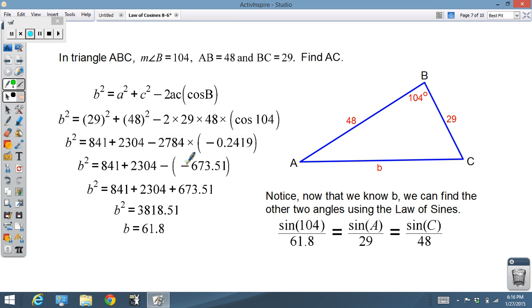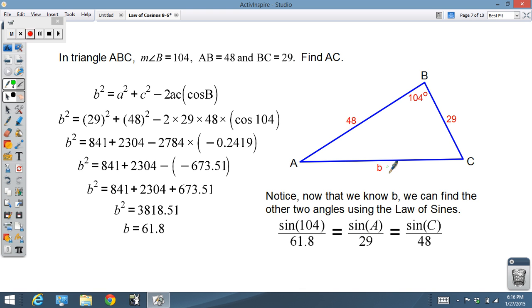Then I'm going to do the math here. Remember, subtracting a negative turns into a positive. So I'm going to add all three of these terms, and I get 3,818.51. When I take the square root to eliminate the exponent, we find out that b equals 68.1. All right, that's how it works.